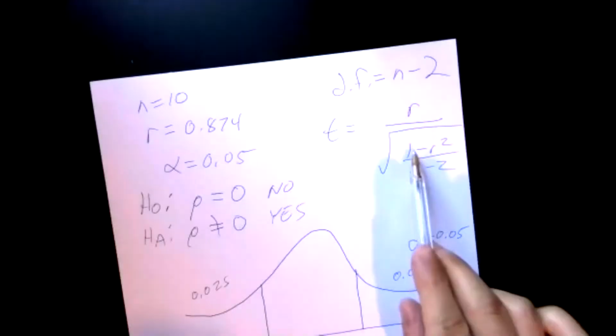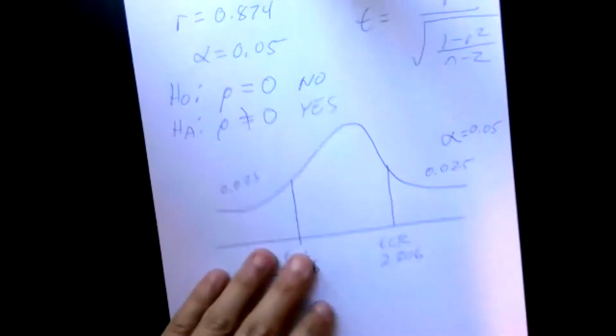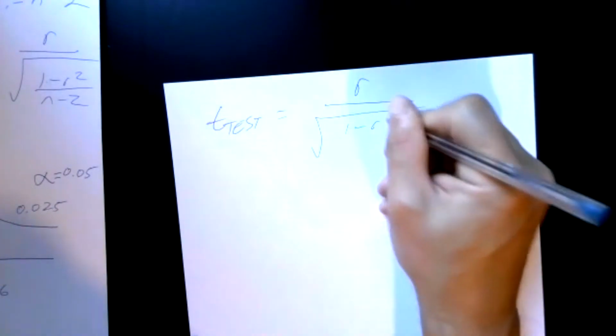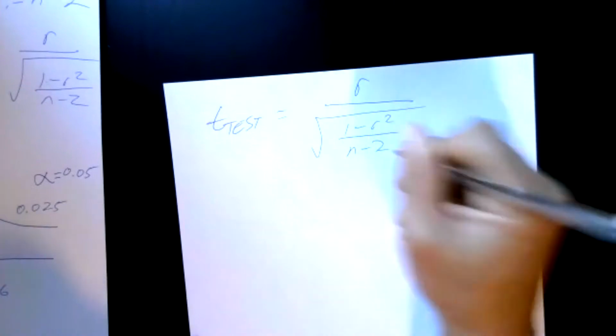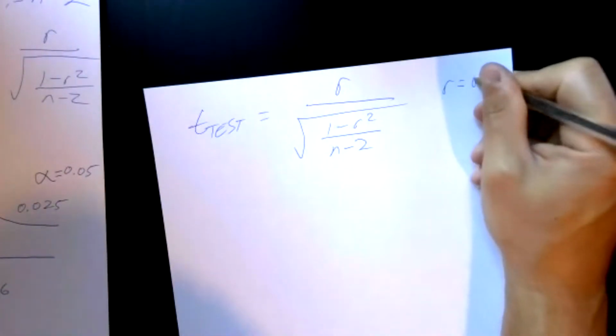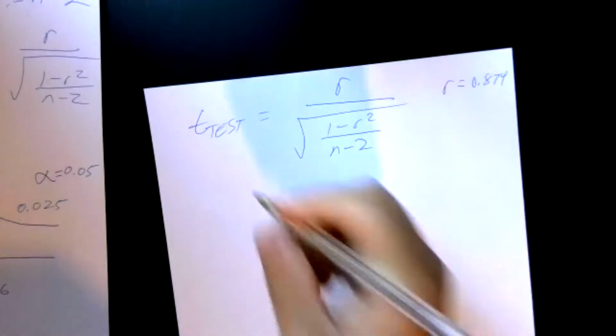Let's find the test statistic using the formula. Now, we have R. That's 0.874.